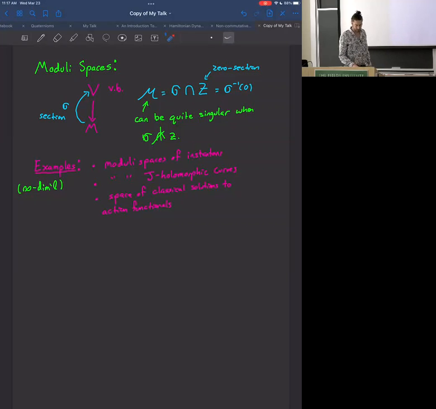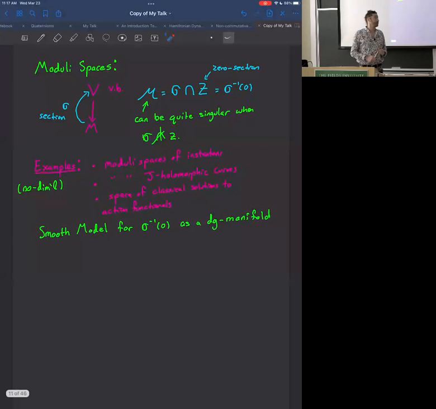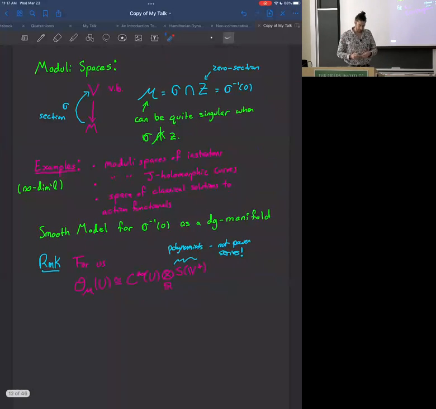All right, so there is a model for this intersection as a DG manifold, even when you don't have transversality, okay? We saw this in Mathieu's talk. Just one remark: DG manifolds for us, we won't be taking formal power series, we'll just be taking polynomials.